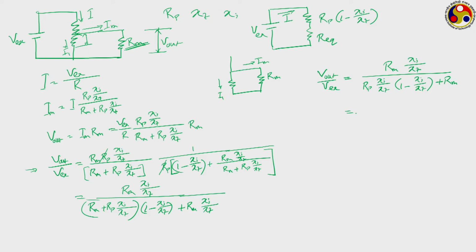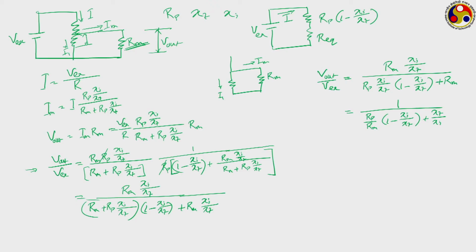And now we are dividing everything by the numerator, making the numerator 1. So, in the denominator Xi upon Xt cancels out. So, we are getting Rp by Rm into 1 minus Xi upon Xt plus Xt upon Xi. So, it is a very interesting expression to have.